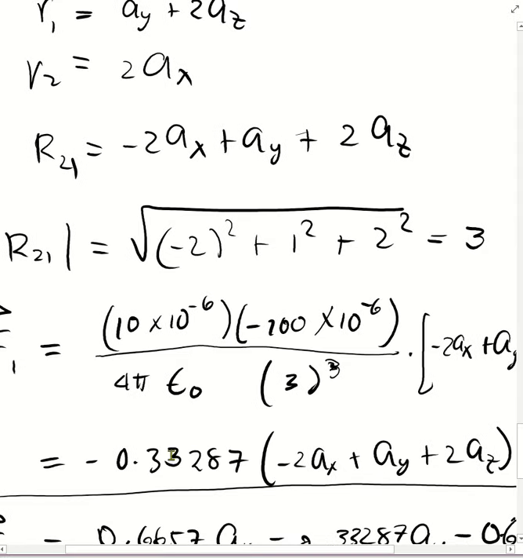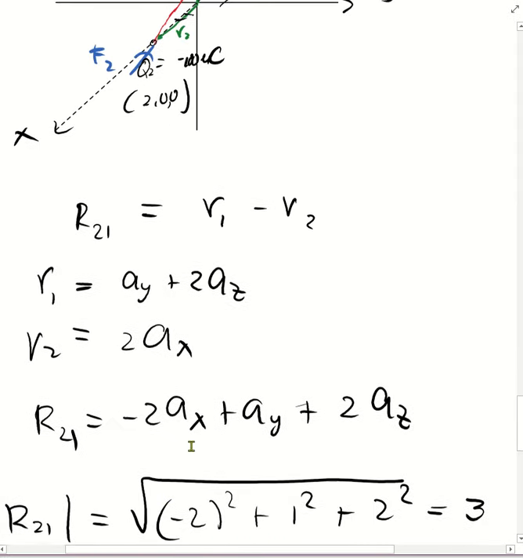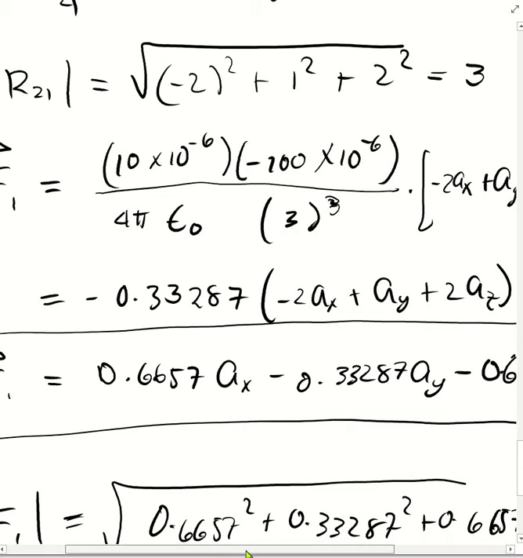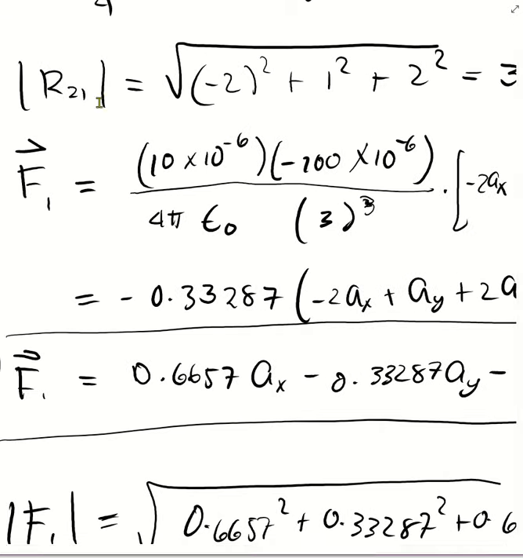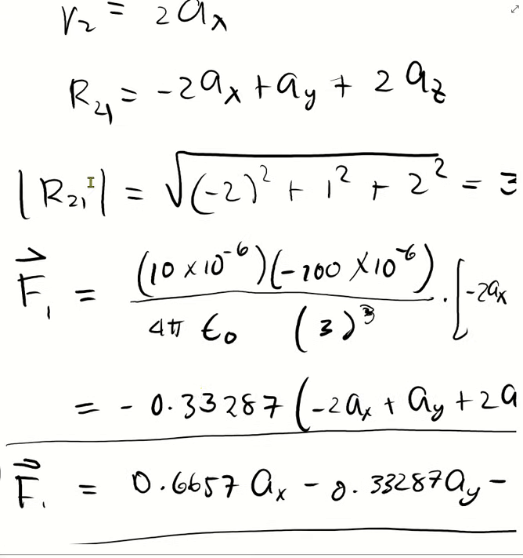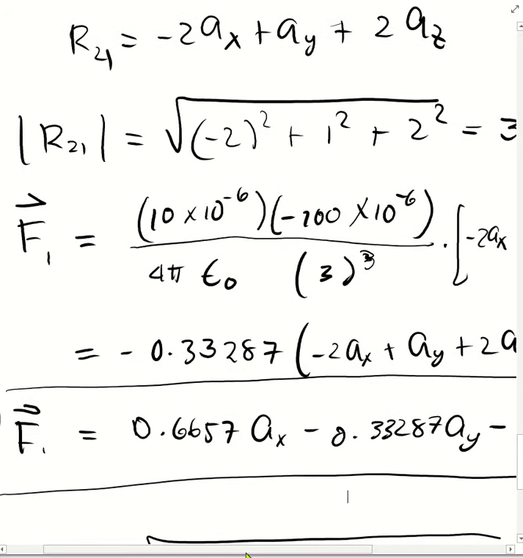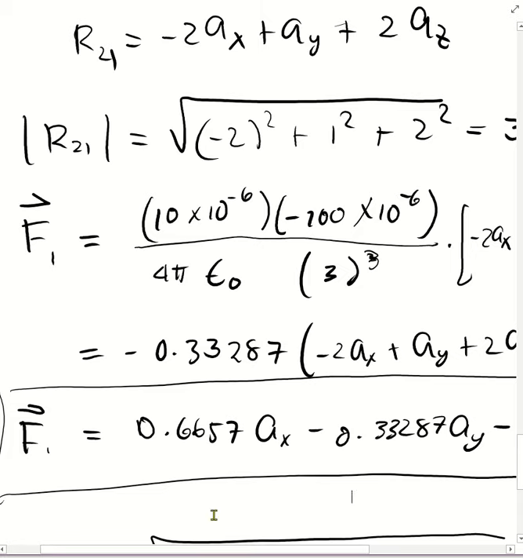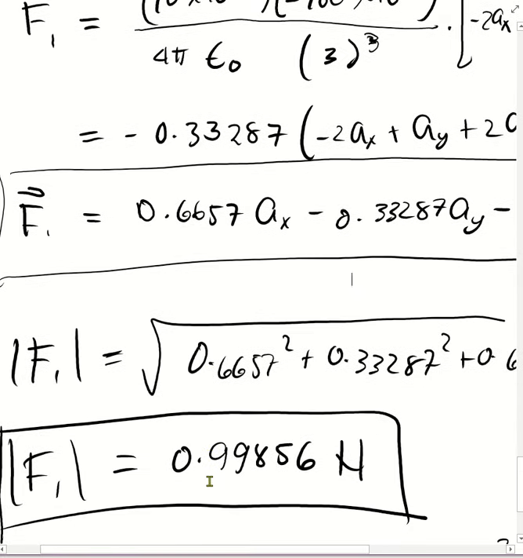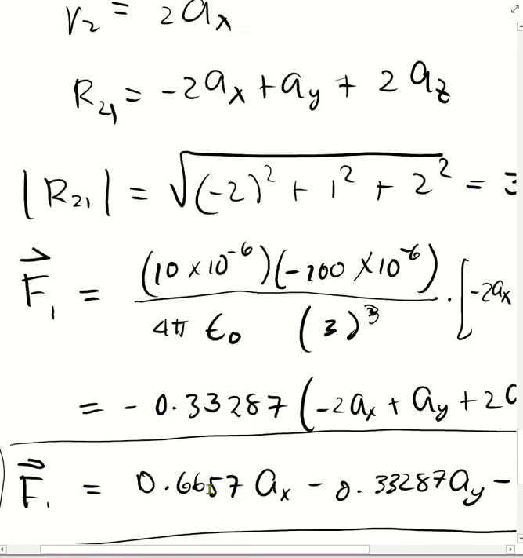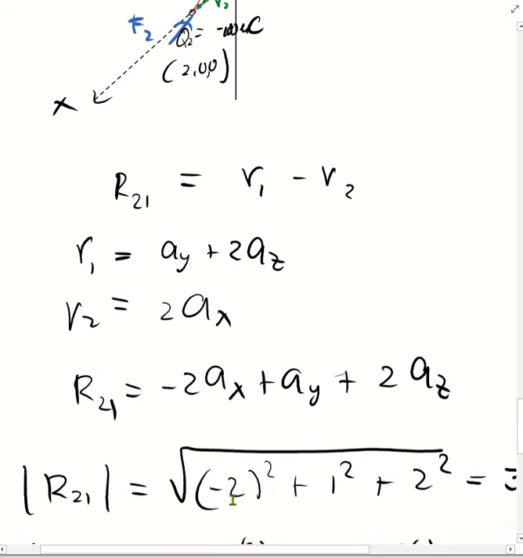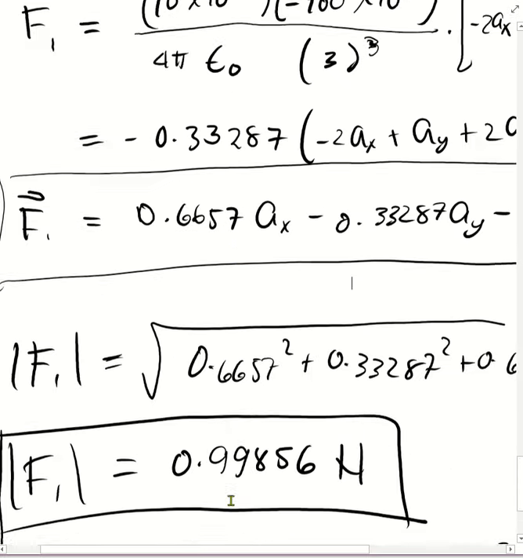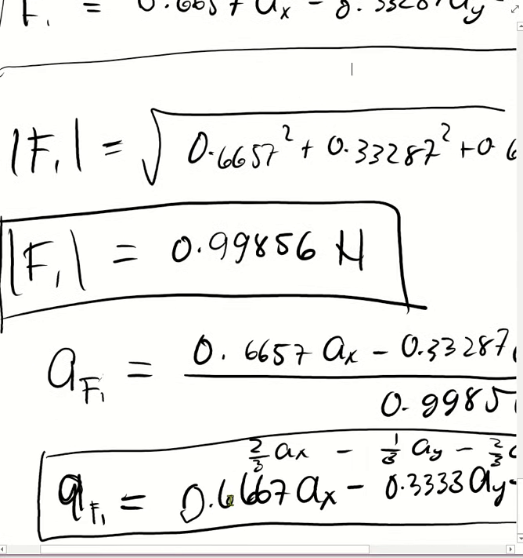So now, instead of using R21, it should be the other way around, R12. It should be R2 minus R1, not R1 minus R2.